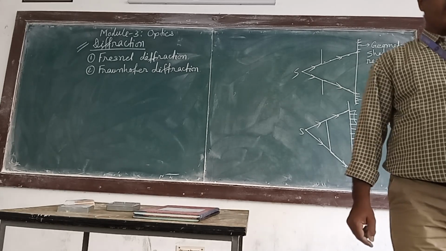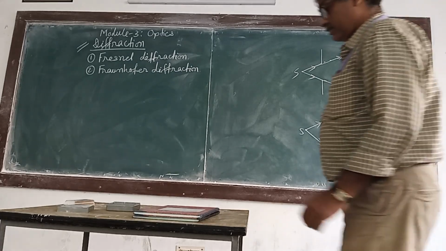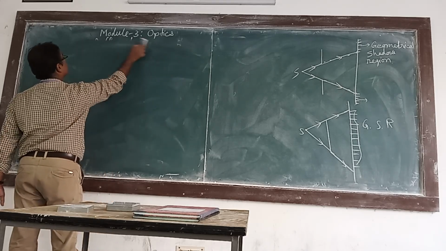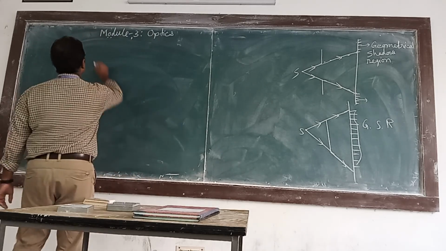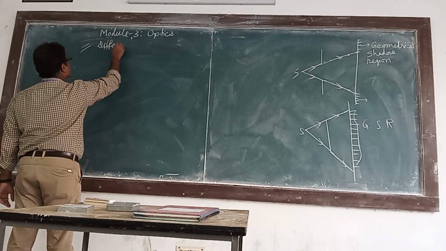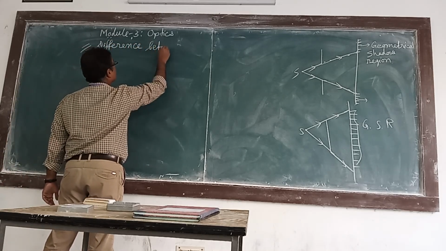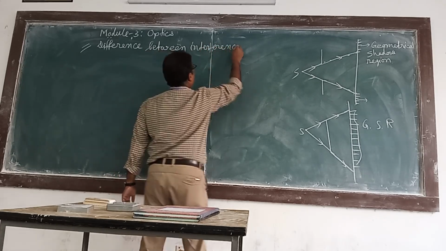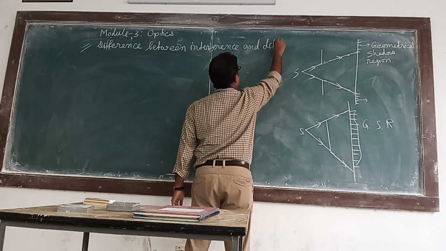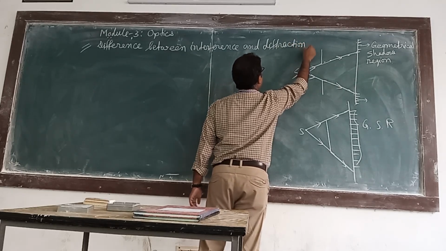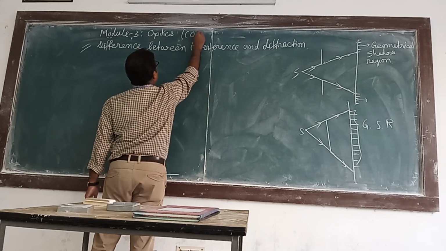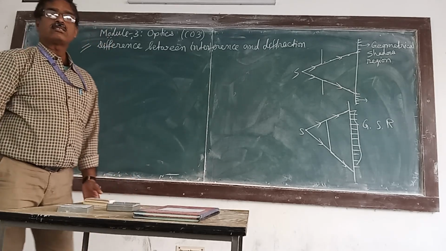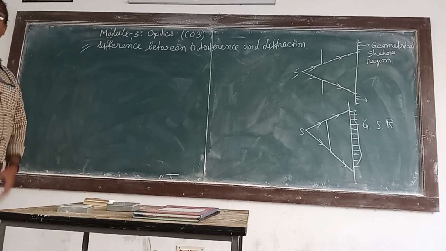Now you have to write down the difference between interference and diffraction. This is CO3.